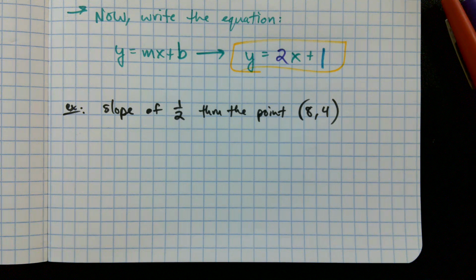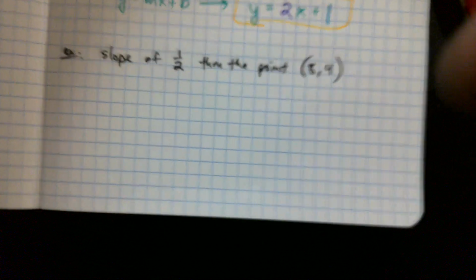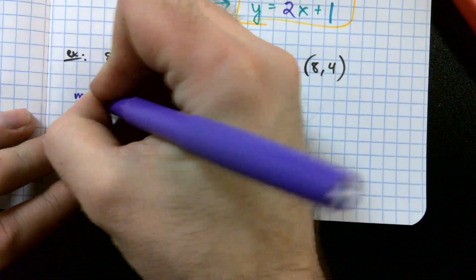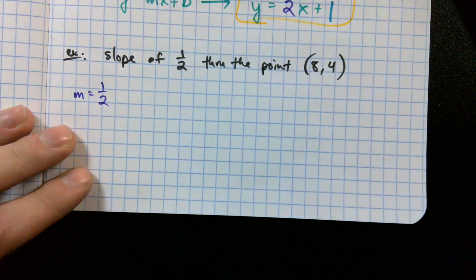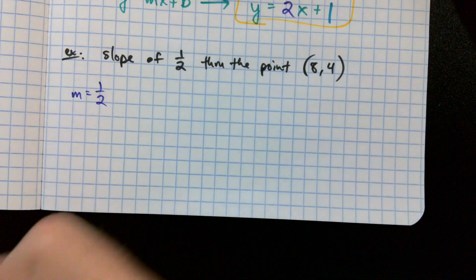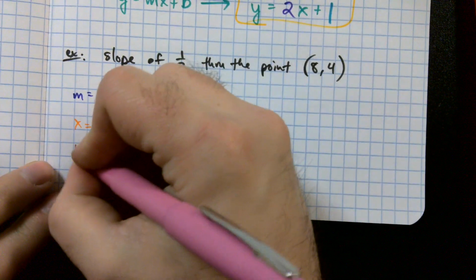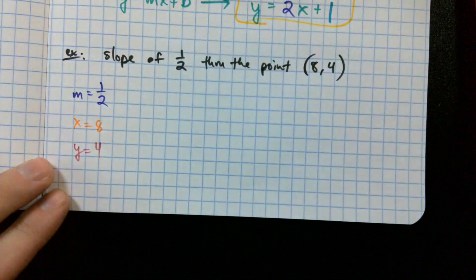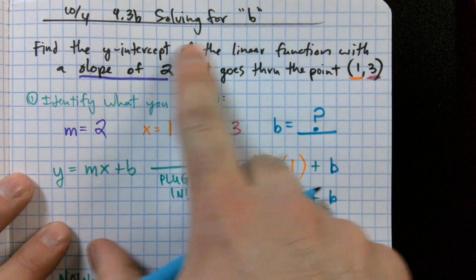All right, that should be more than enough time. Let's figure out what we know. Do I know what my m is equal to? Yeah. Do I know what my x is equal to? Yes. Do I know what my y is equal to? Do I know what my b is equal to? No. That's why we're solving for b.